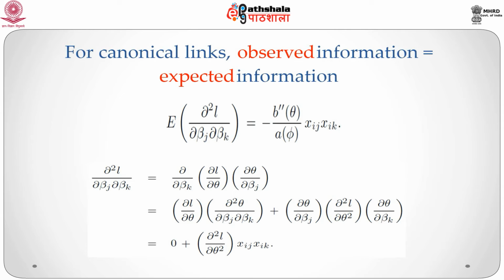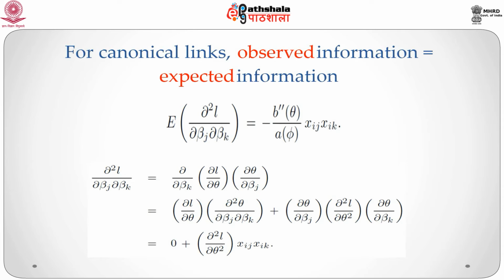Using the product rule, this is del L del theta into del square theta del beta j del beta k plus del theta del beta j into del square L del theta square into del theta del beta k.